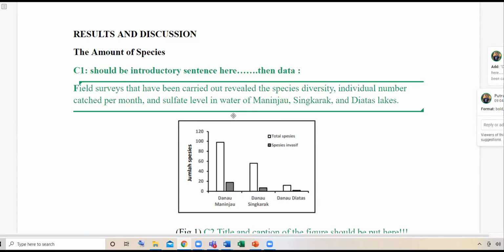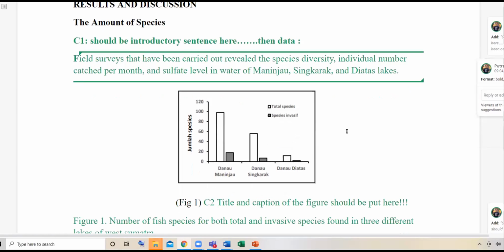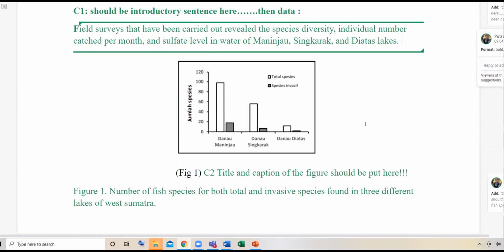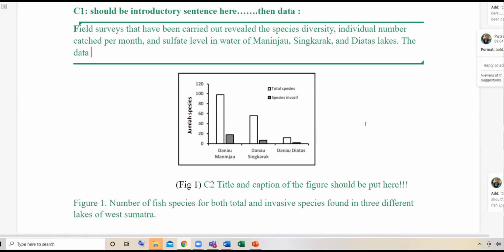For example: based on the result of the study, we focus on the species diversity, individual numbers, and biochemical parameters of the waters. So the results are as follows.